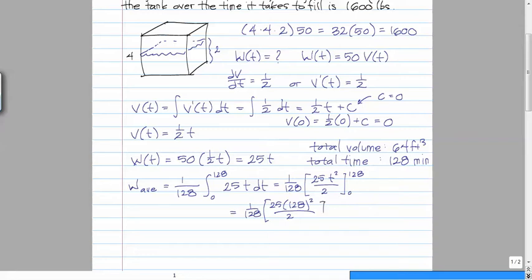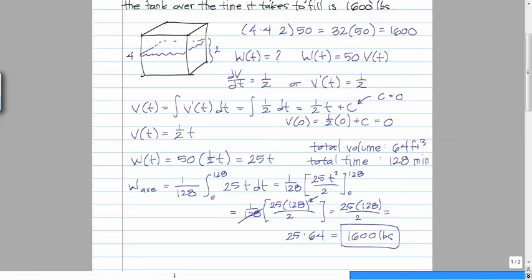So we'll leave that off, close off these brackets, and notice that we can cancel this 128 that's down here in the denominator with one of the ones in the numerator. And when we're done, we get 25 times 128 over 2, which is equal to 25 times 64, which is equal to 1,600 pounds.